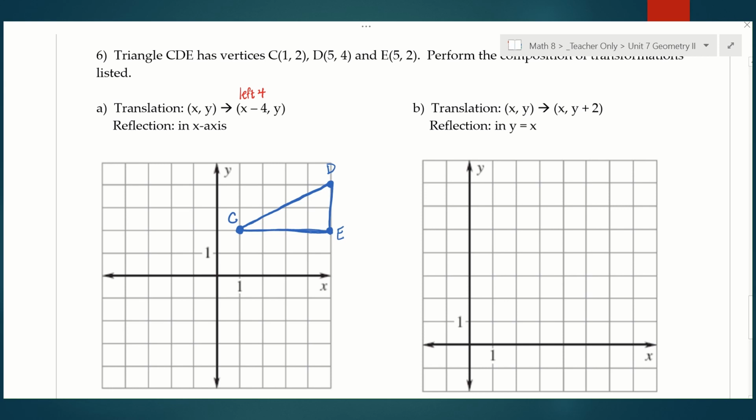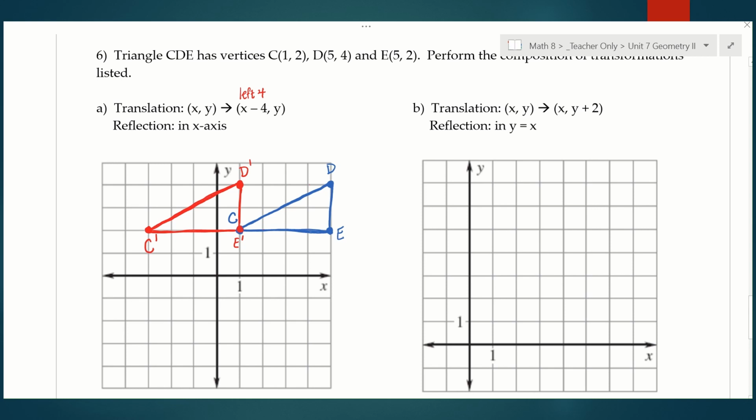Okay? So C, 1, 2, 3, 4. E prime is now right on top of C. D prime is here. Okay, so there is my translated triangle.